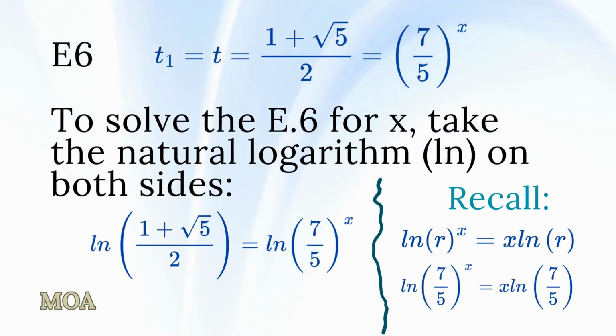To solve equation E6 for the unknown x, we take the natural logarithm, denoted ln, on both sides. By applying the properties of natural logarithms, the logarithm of (7/5)^x equals x times ln(7/5).